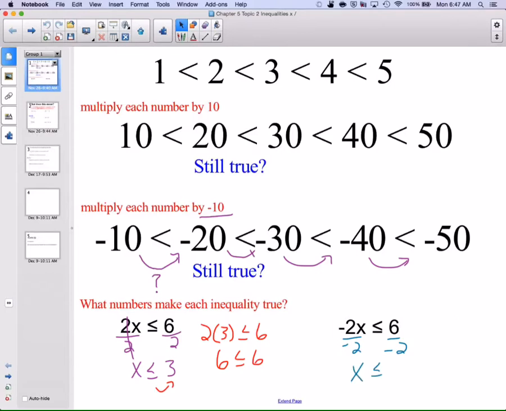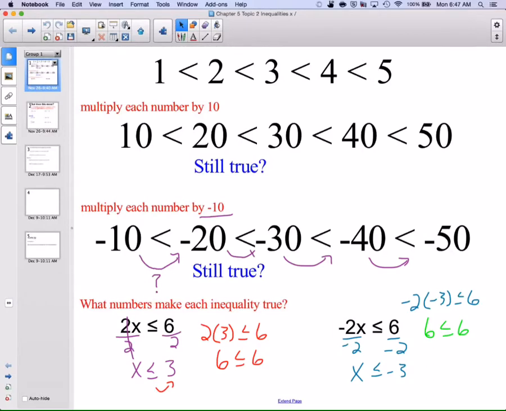Okay, so it looks like we'd get less than or equal to negative 3. Let's plug that in and see what happens. Alright, well, we know that two negatives make a positive. Alright, so that part seems to work, but let's try, as it says here, it has to be less than or equal to negative 3.